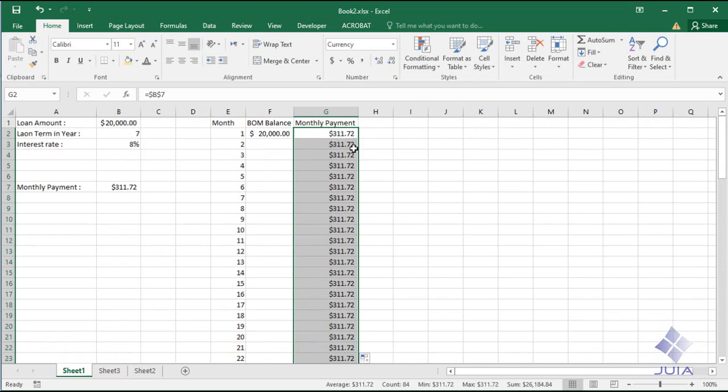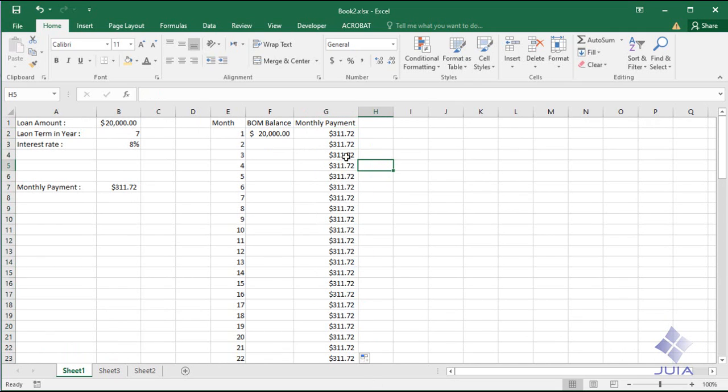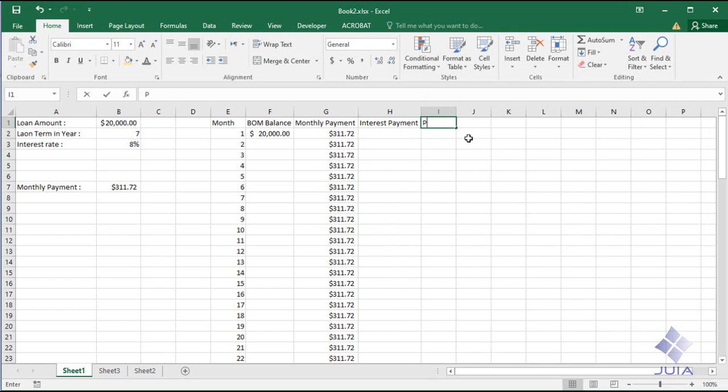Okay, and now we want to find out the breakdown of this payment. We want to find out from this figure how much we're paying for interest and how much for principal.